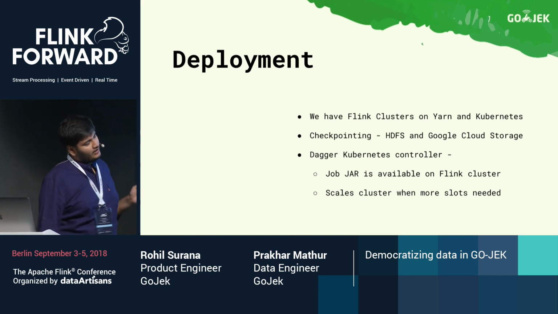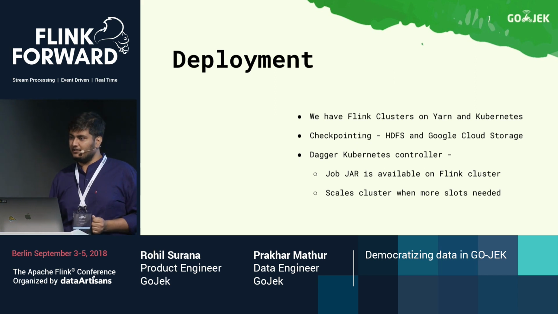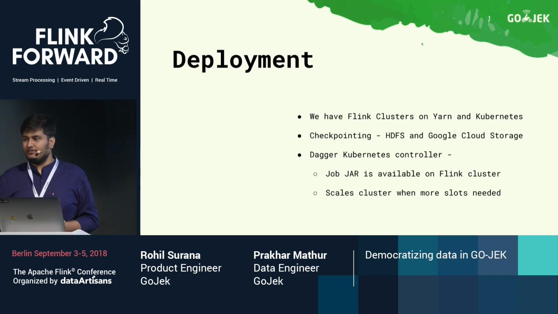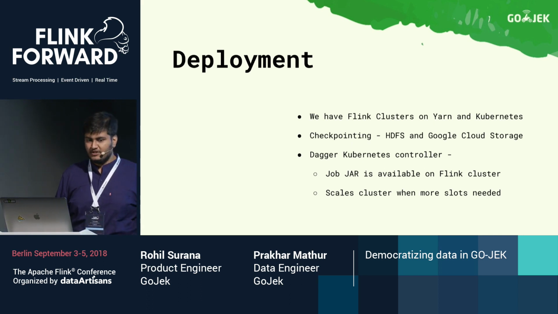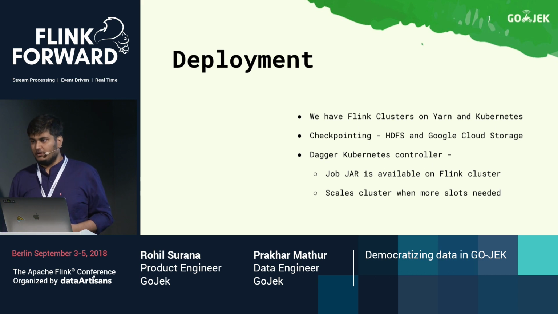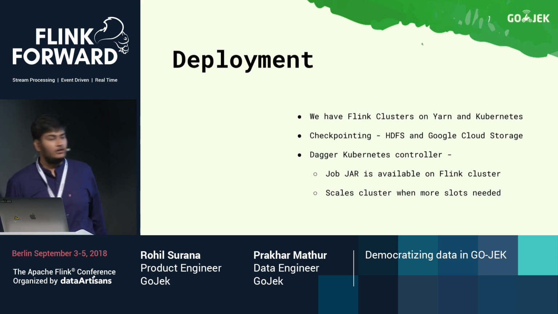We also wrote a small Dagger Kubernetes controller. What it basically does is that in some cases, if Flink's job manager restarts, the job jars are actually cleared up. But we wanted them to be available always so that our portal can just use the REST APIs to run a job on it.